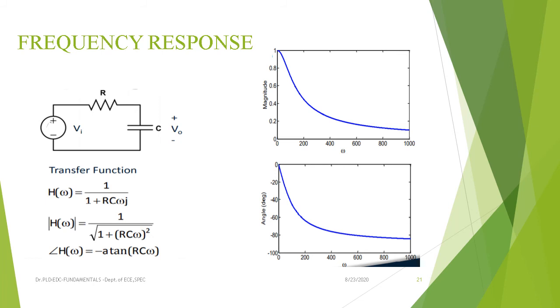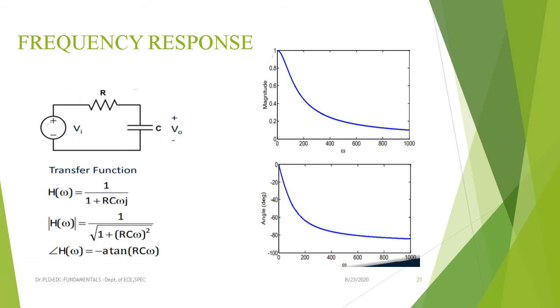Similarly, mod of H(omega) equals 1 by the square root of 1 squared plus (omega RC) squared. This is the formula for the magnitude of the transfer function H(omega).